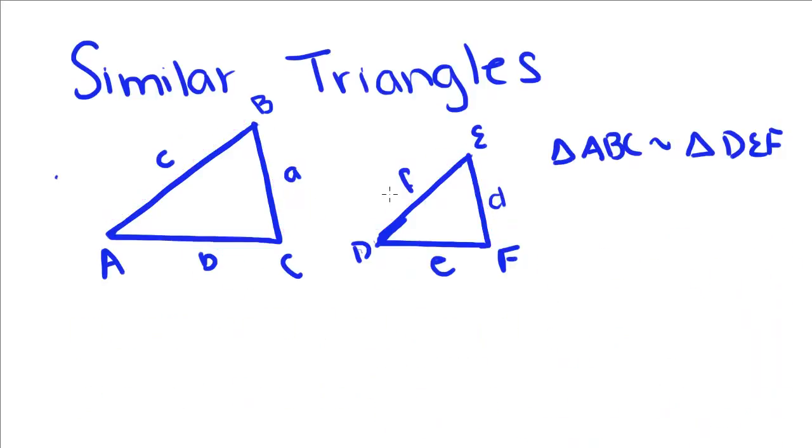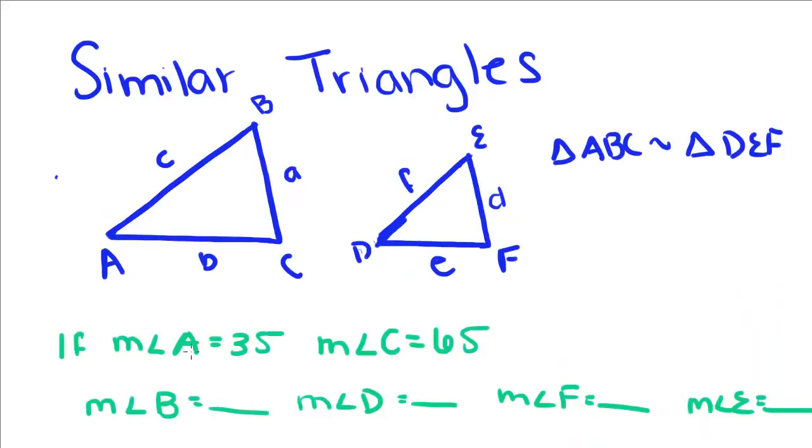So we still have these two triangles, but now we know that the measure of angle A is 35. The measure of angle C is 65. And we have to find the measure of all the other angles. So the first thing we're going to do is find the measure of angle B. And we can do that using our rules of the interior angles of triangles.